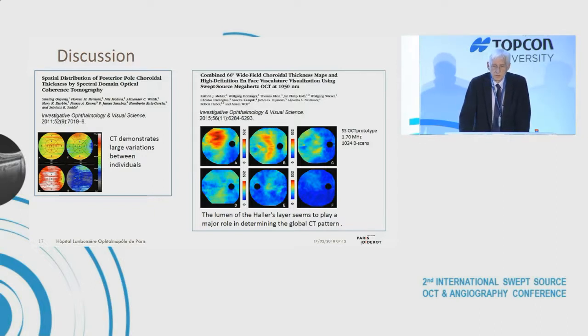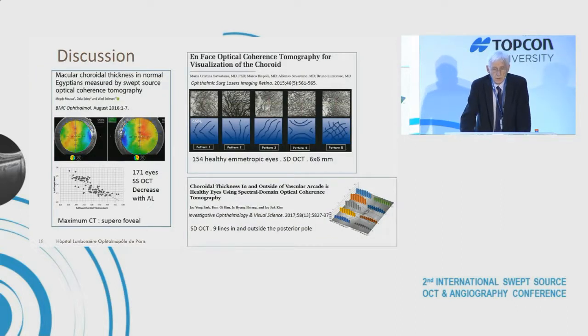it has been shown that the lumen of the Haller layer seems to play a major role in determining the global choroidal thickness pattern. And in this other large series of cases examined by Magdy Moussa in Egypt, it has been shown that the maximum of choroidal thickness was in the superofoveal area.